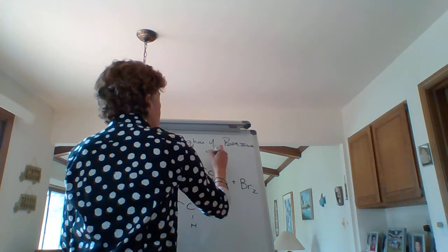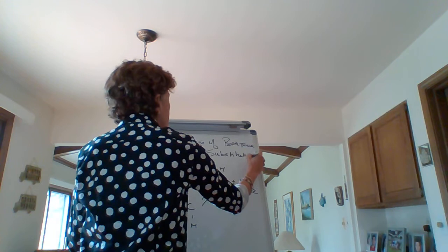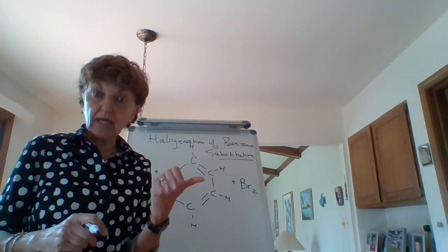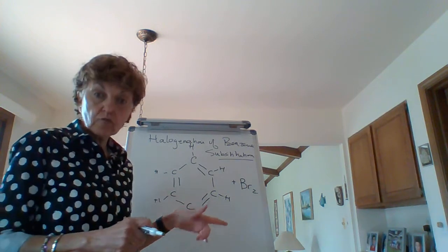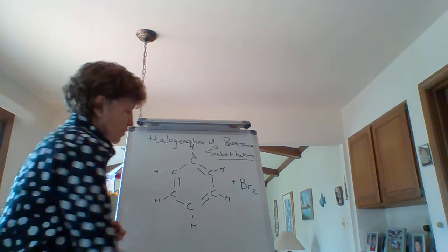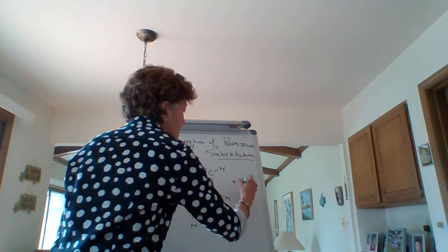But it's going to be a substitution reaction, not an addition. So we did the substitution back in with the alkanes. We can do a substitution with the aromatics, benzene. So remember, bromine is Br.